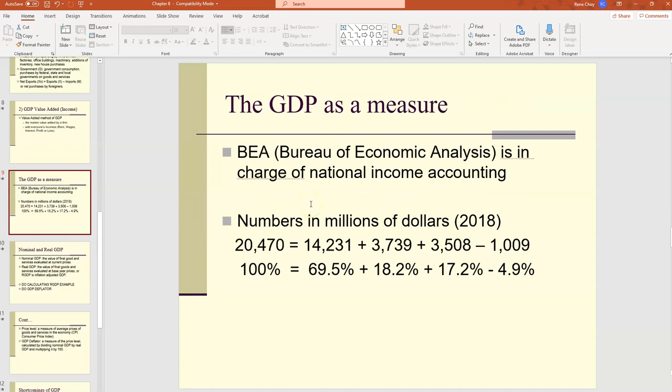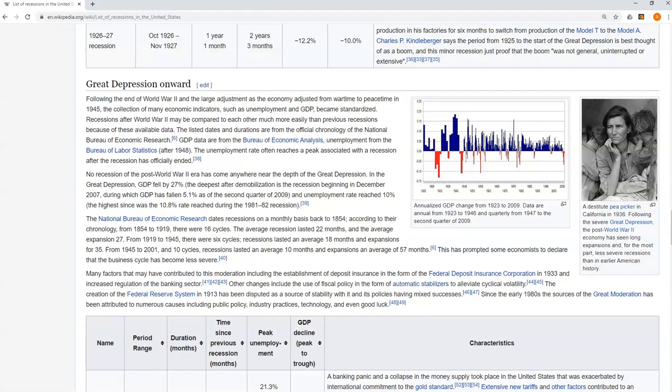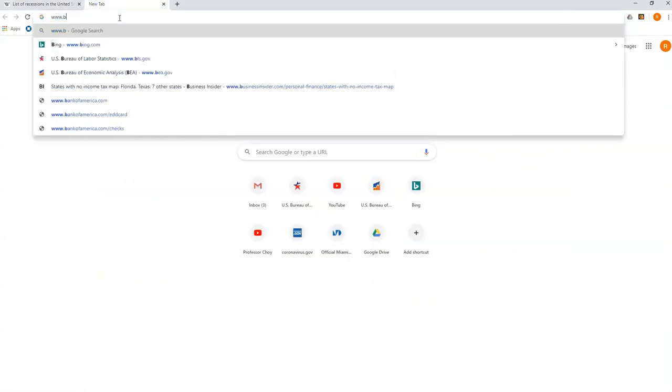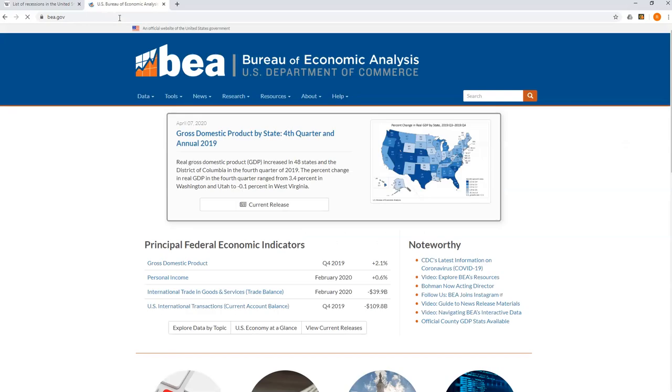Now, who's in charge of collecting GDP? Well, the agency in charge of coming up with this GDP number is called the Bureau of Economic Analysis, or BEA. And they provide one of the most important numbers for our economy, which is the gross domestic product.